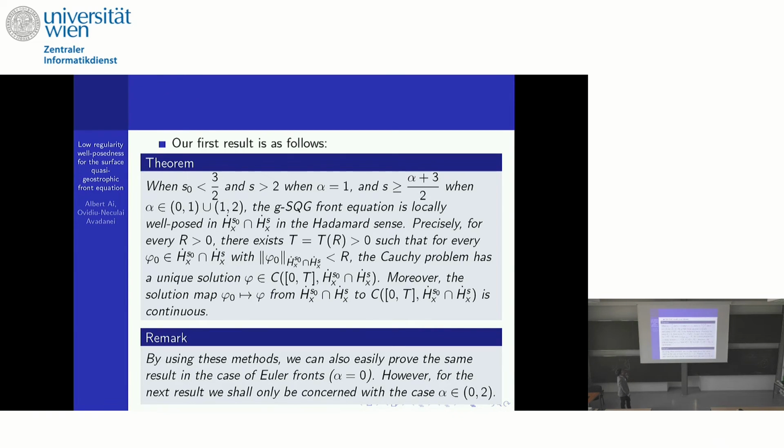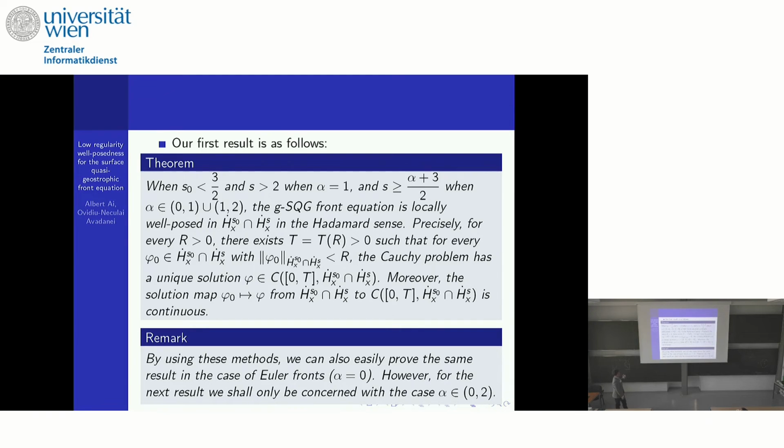So here is our main local well-posedness result. When s0 is a parameter less than 3 halves and s is greater than 2, this is for alpha equals 1, and s greater or equal than alpha plus 3 over 2 when alpha is not equal to 1, the gSQG front equation is locally well-posed in H dot s0 intersecting with H dot s in the Hadamard sense.